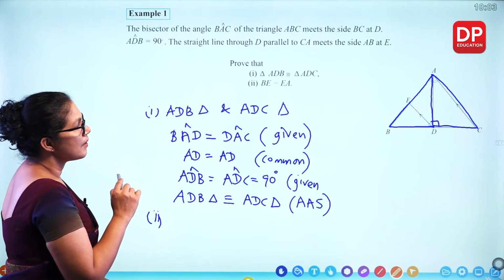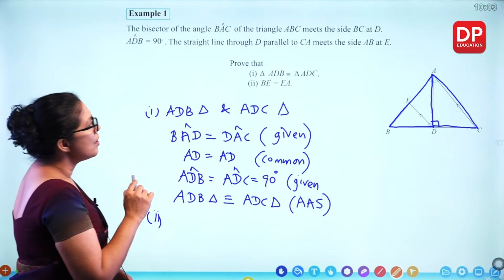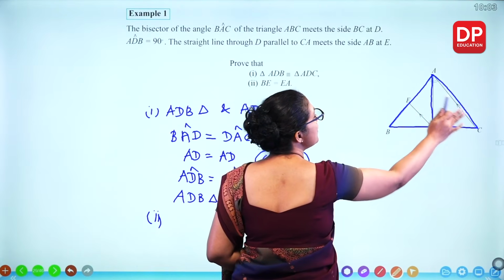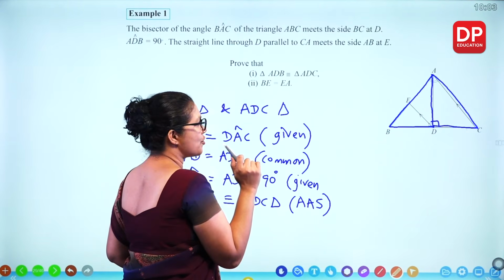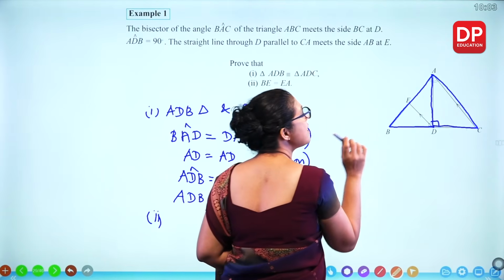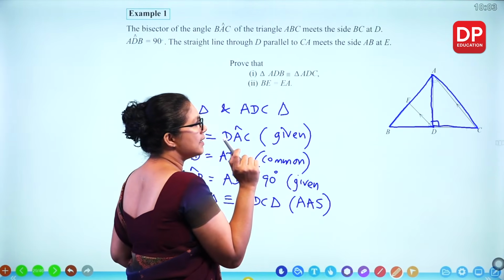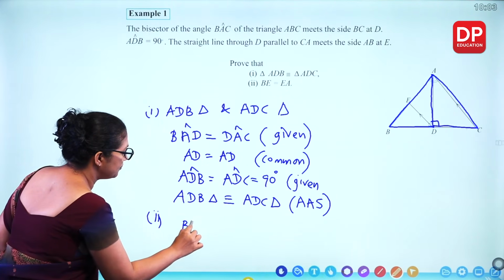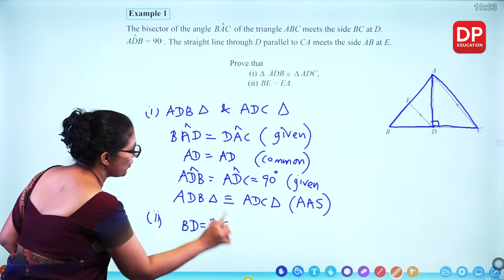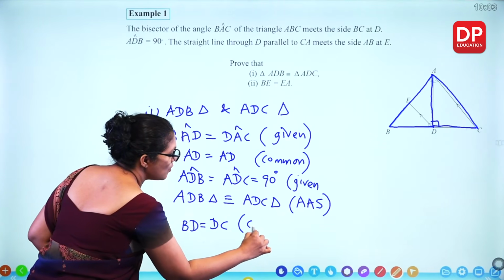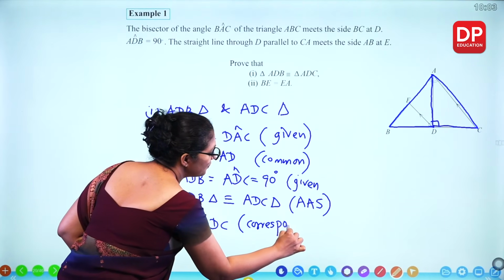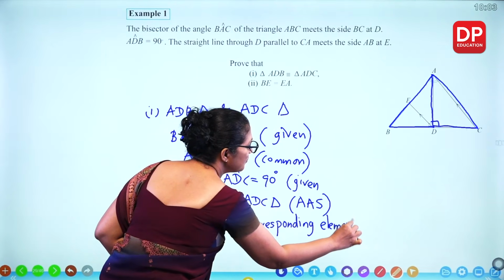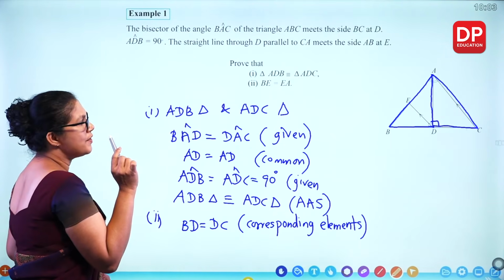Then the second part, BE is equal to EA. Now we found out these two triangles are congruent. Then corresponding elements are equal. So here, if you take BD and DC, both are equal. Those are corresponding elements. Now we know these two are equal.